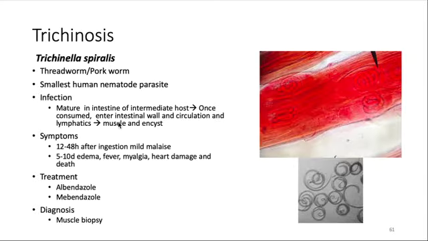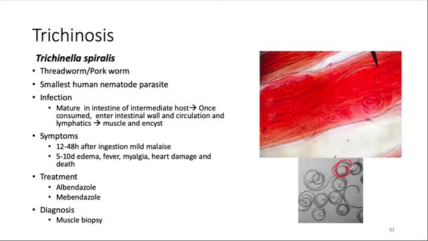Trichinosis is caused by thread-like worms, and this is how they present. This is an encysted worm, so the worm has fixed itself in the muscle tissue of the host. This is how they appear, and that's why we describe them as threadworms.